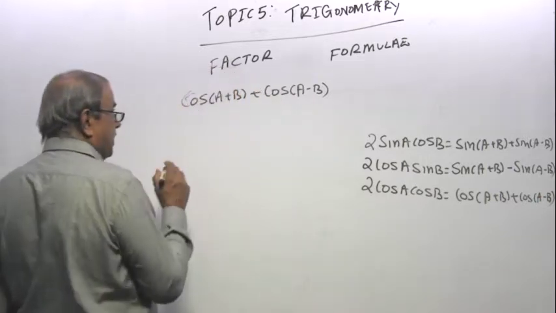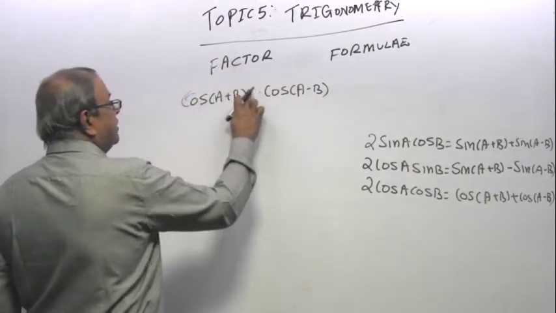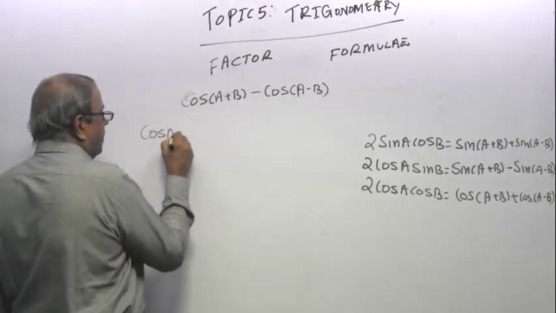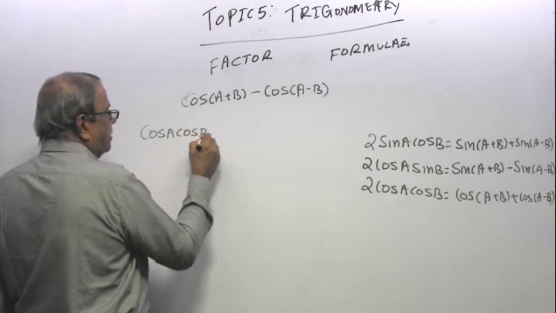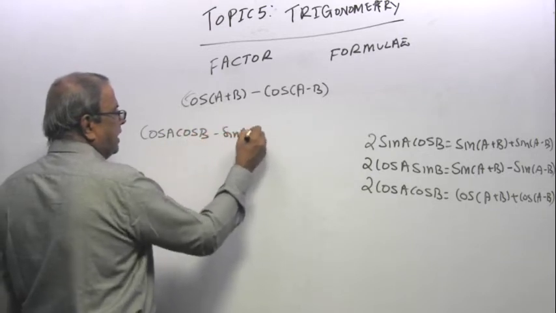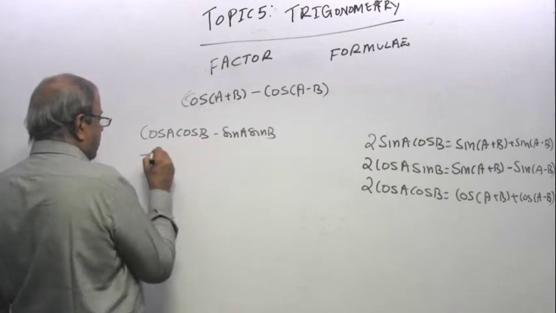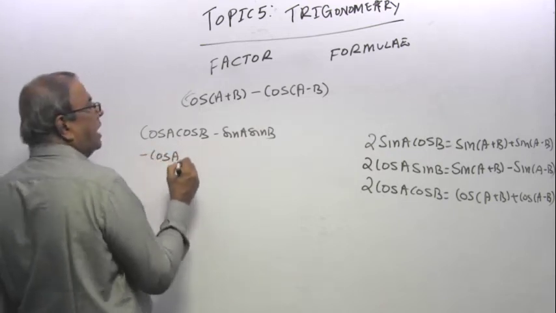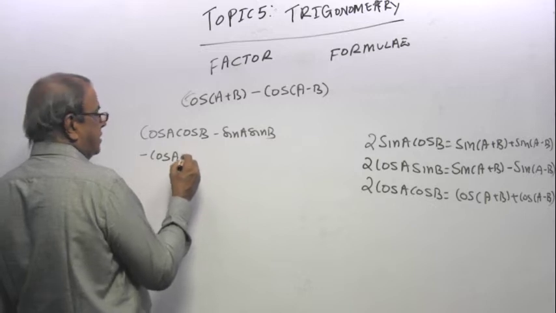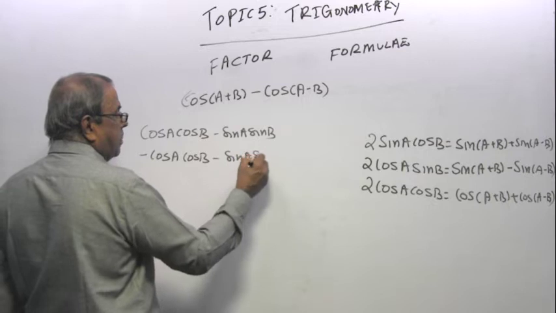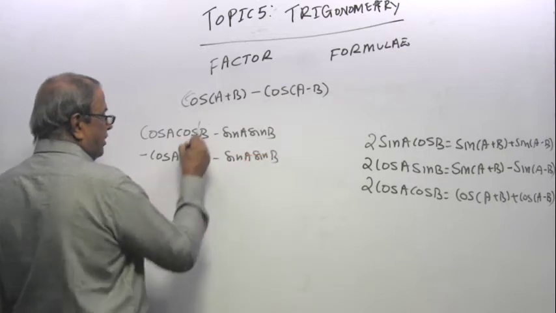The other one is a bit difficult. What is that? That would be cos A cos B minus sin A sin B, minus cos A cos B, minus sin A sin B. Now these two cancel.